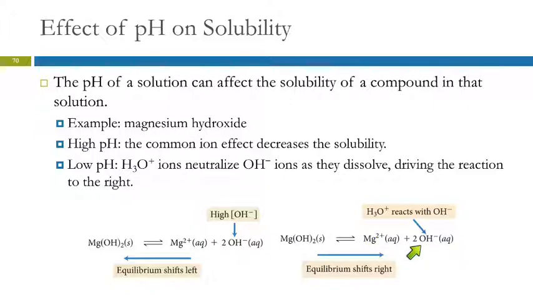If we have an acidic solution where we have a lot of hydronium ions, the hydronium ions will react with the hydroxide, which reduces the hydroxide ion concentration and will cause the equilibrium to shift to the right. So in an acidic solution, this will dissolve at a higher rate. The molar solubility will be higher. Any questions?